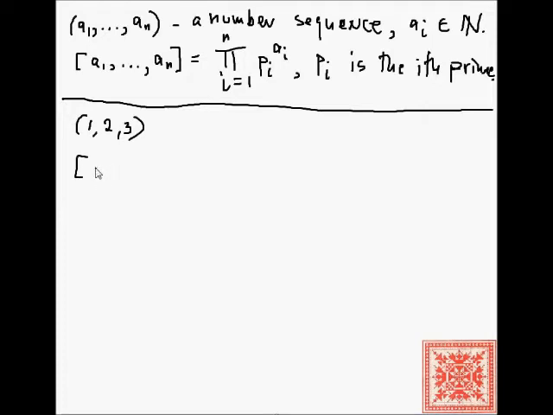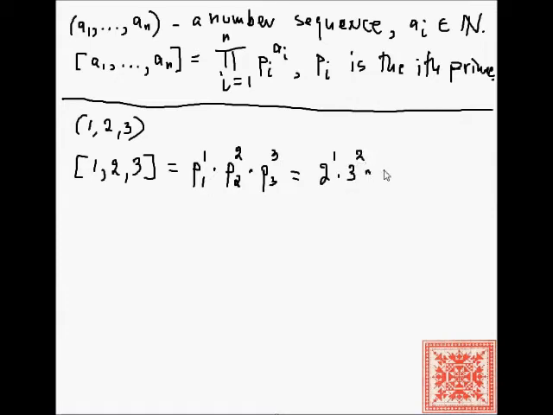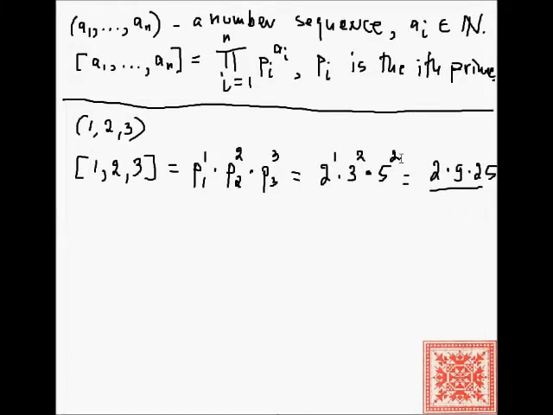So, for example, given the sequence 1, 2, 3, the Gödel number that corresponds to that sequence is the first prime raised to the power of 1, the second prime raised to the power of 2, and the third prime raised to the power of 3. So 2 to the first, 3 to the second, 5 to the second... oops, I made a mistake.